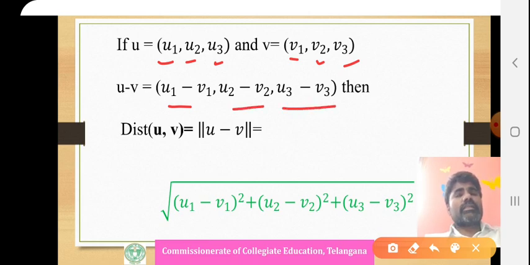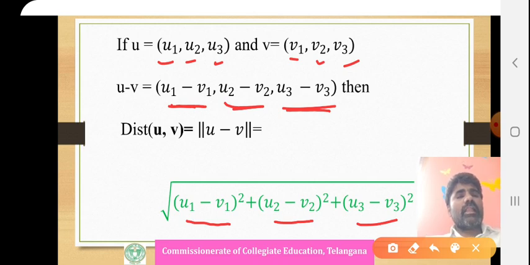Then distance of u comma v equals norm of u minus v, which equals the square root of (u1 minus v1) whole square plus (u2 minus v2) whole square plus (u3 minus v3) whole square.